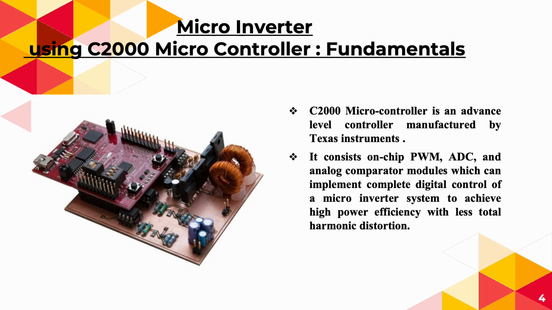So we can use this microcontroller for the PV panel very efficiently. The main advantage of using this controller is the high power efficiency and the low THD, that is, total harmonic distortion.